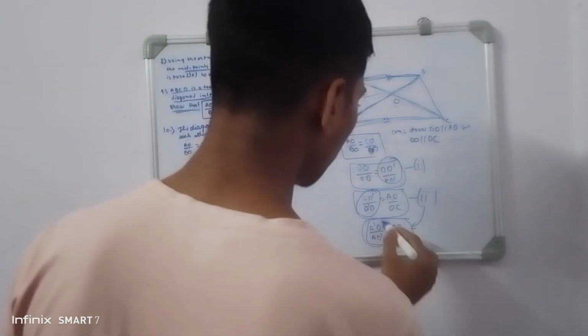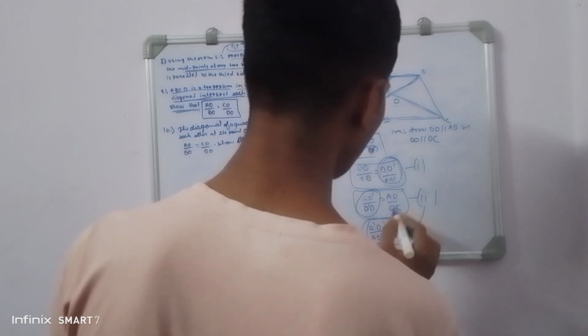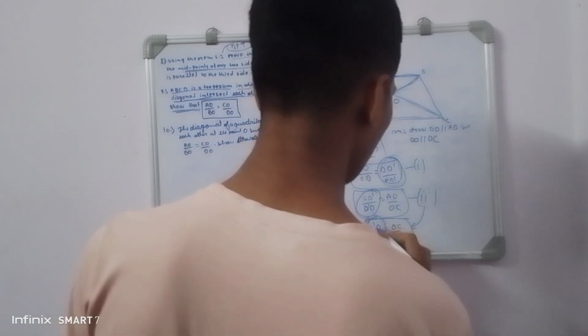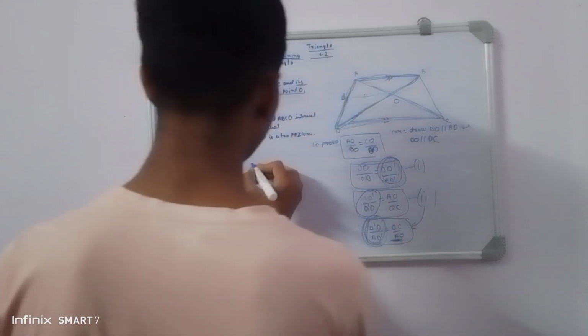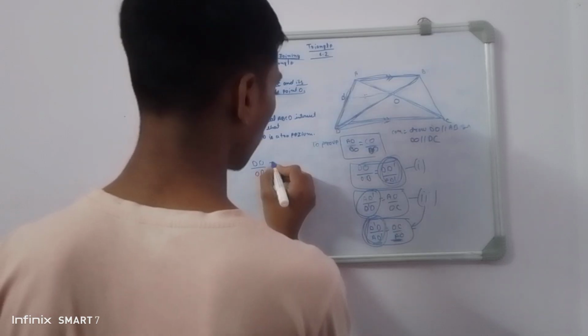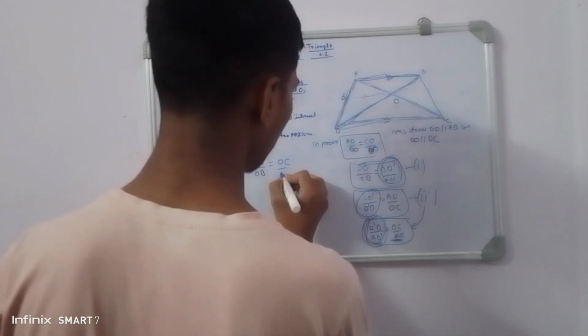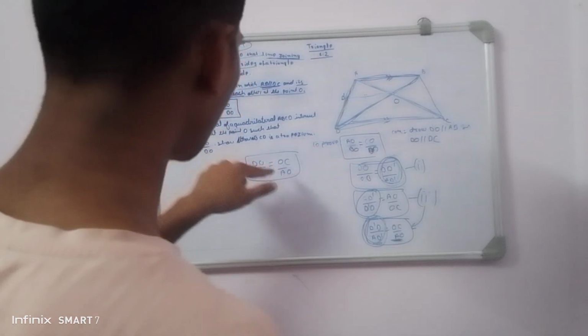Now DD' by AD', and here we have also. So this is equivalent to this one and this is equivalent to this one. So through both of these you could write here that DO by OB is equal to OC by AO. And now what you have to prove?